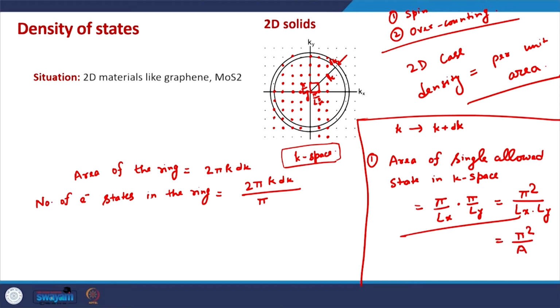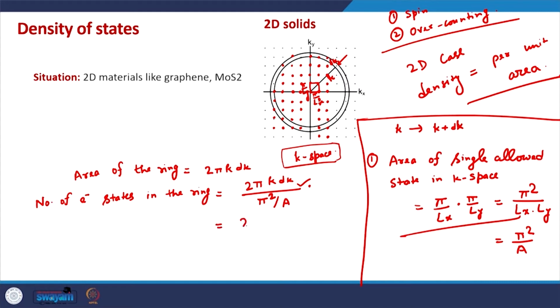So, the number of electronic states in the ring would be the area of the ring divided by the area occupied by a single electronic state, so it would be pi square by A.